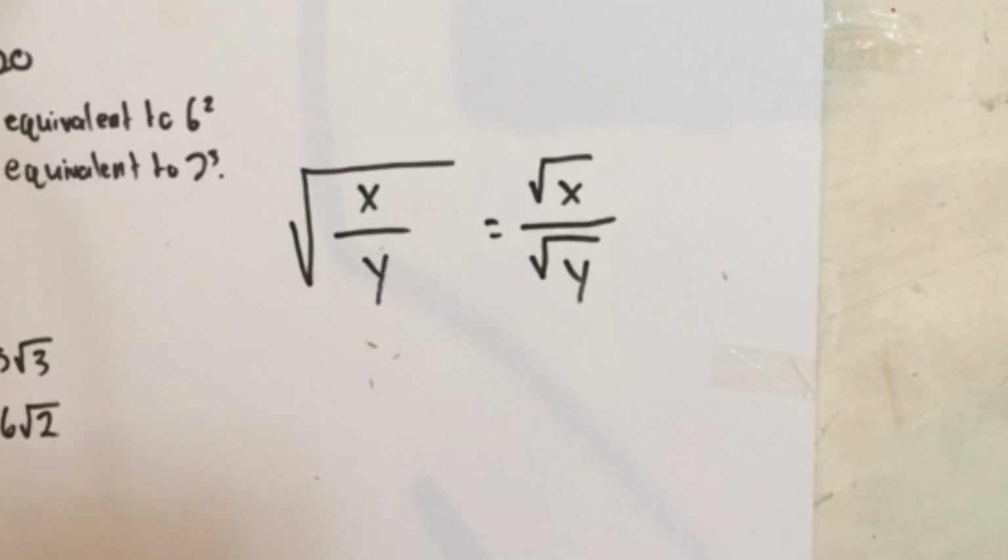First, separate them into two radical expressions. To take away the radical expression in the denominator, multiply the numerator and the denominator by the radical expression in the denominator.